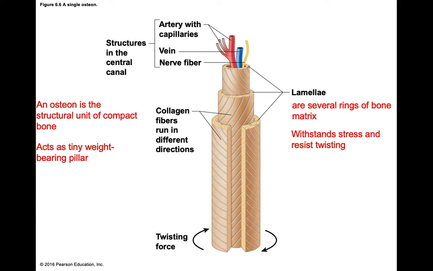So again, compact bone itself is literally an engineering marvel, the way it's able to withstand pressure from every angle, and it also has enough flexibility to withstand stretch and pull. That is the collagen fibers that run in the middle of this. You lay down little ring structures in every single angle, and then you create a column. And that is why bone tissue is very, very light, but very, very strong.